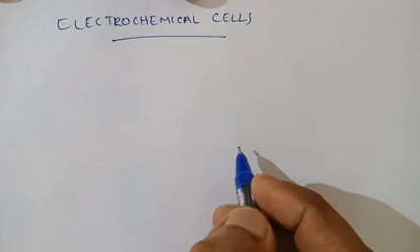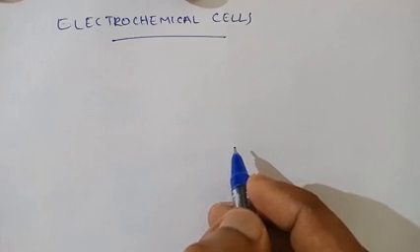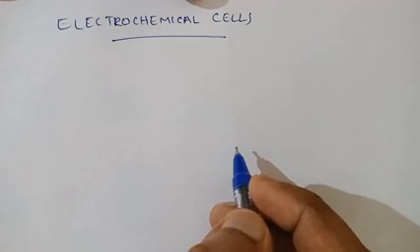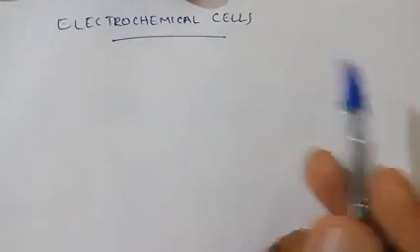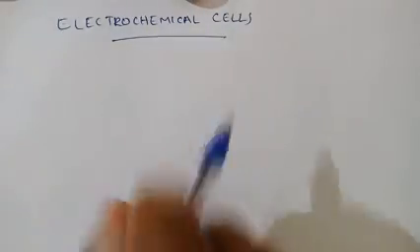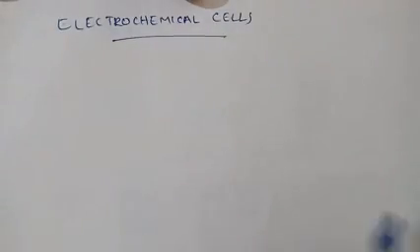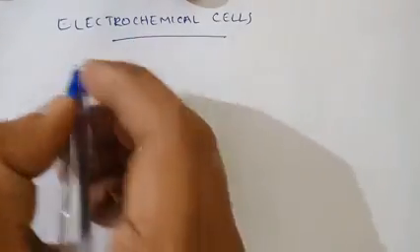What is meant by electrochemical cells? We have to go deeper into electrochemical cells, one of the very important areas. In this chapter, we will be discussing electrochemical cells and electrolytic cells. So the first section is about electrochemical cells. What is meant by electrochemical cells?